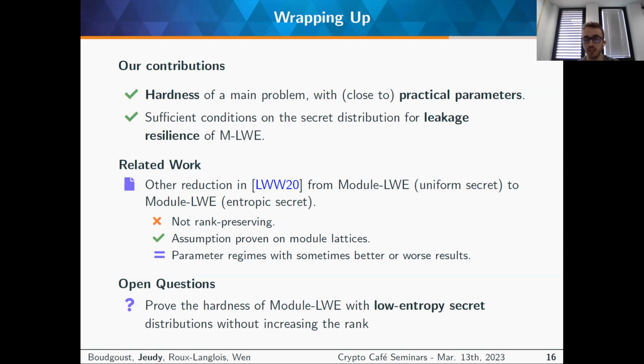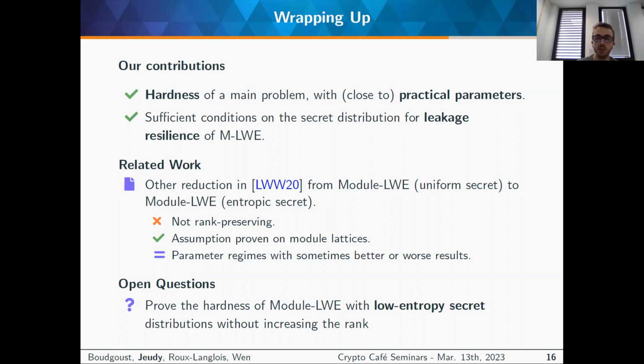So we're not quite there yet, because in the first two reductions, we end up with short binary secrets, which is what is used in practice, but we have those rank conditions, which means that your problem is only secure if you choose a rank of 23 or 46, and typical parameters use more like 4 to 7. So it's quite a gap that we still need to reduce, but it's making a step towards narrowing this gap.